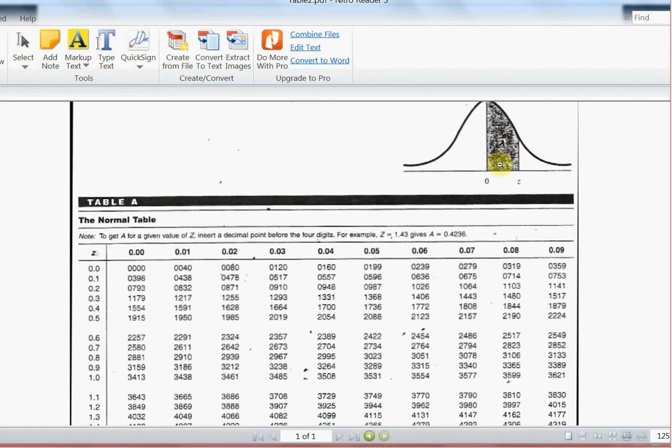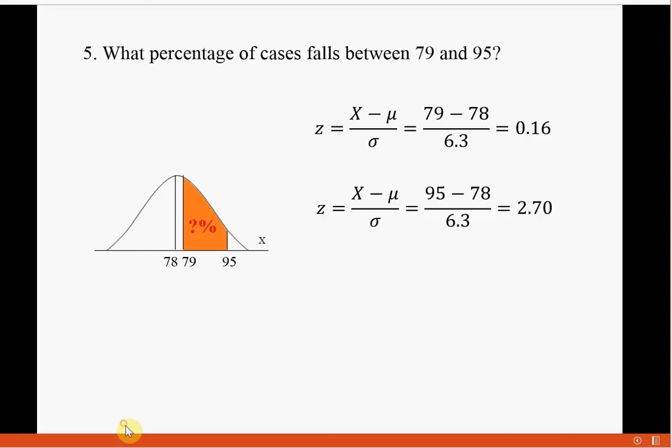So this is the slice 6.36%. So from the normal table, we first find out that there's 6.36% between the mean and the z-score 0.16. That percentage number is referred to here.